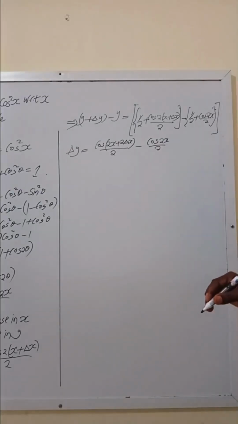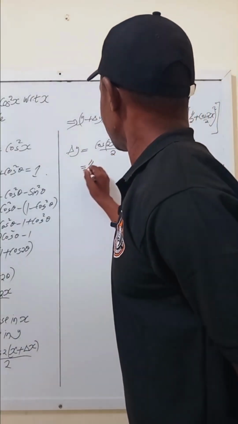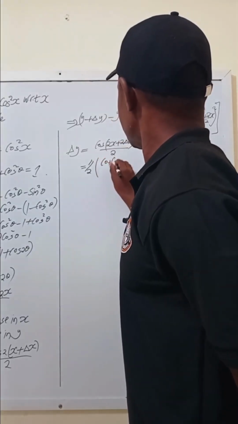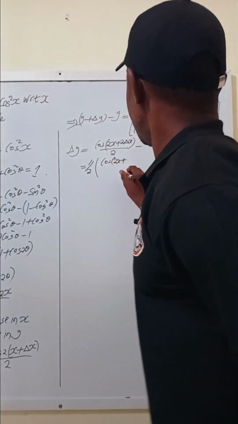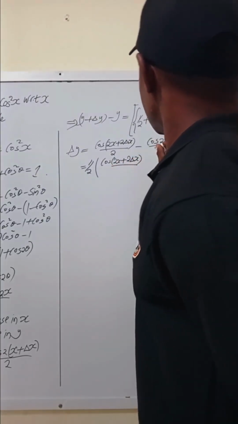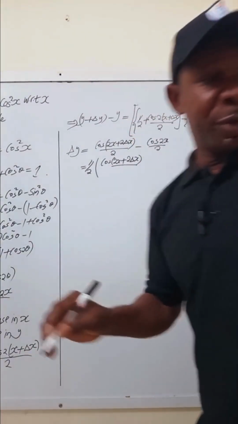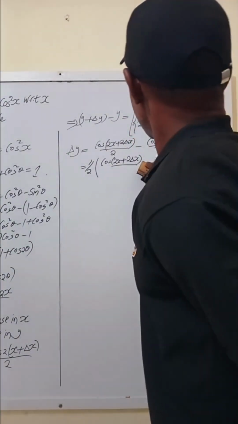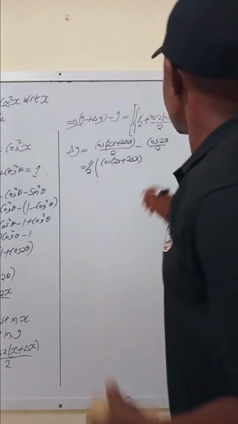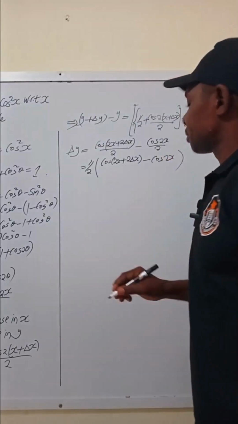That's what we have. Let's take this 2 outside the bracket, so put a half there. Then here we shall have cos into bracket 2x plus 2 delta x divided by, do we divide by any term? Yes, 1. So if we divide by 1, it's the same as not putting it there. So it will be equal to this, then minus cos 2x.